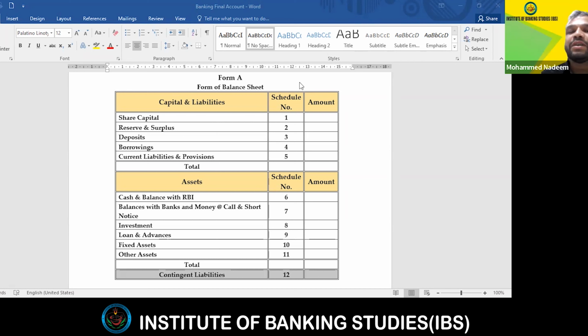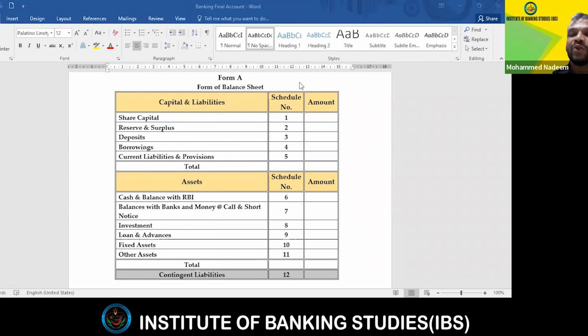Reserve and surplus is nothing but reserve, the accumulated profit of the last years, and surplus is nothing but current year profit. So surplus is current year profit, whereas previous year profit is called reserve. Okay, sir.